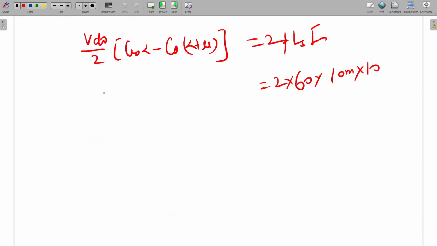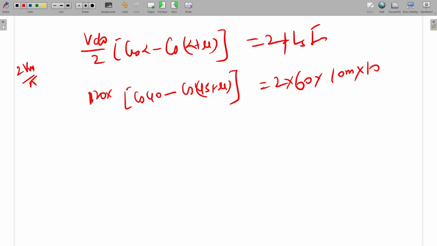So cos 45 minus cos 45 plus mu. And Vd0 by 2, how much? Vm upon pi. So this will be 120 into root 2 divided by pi.